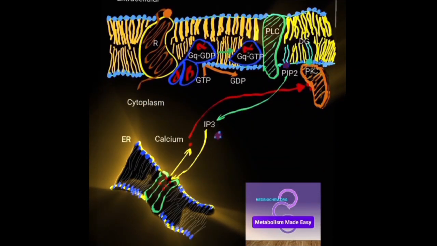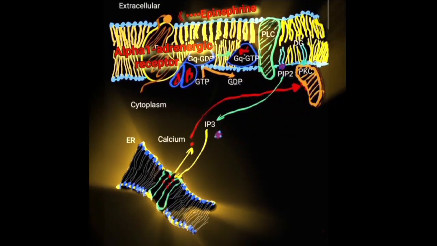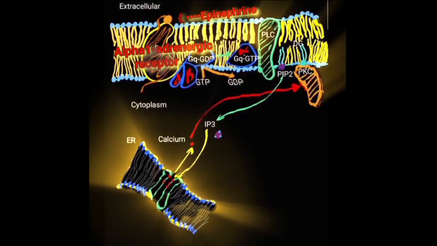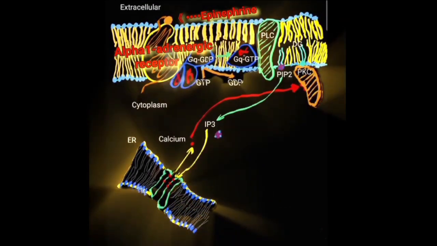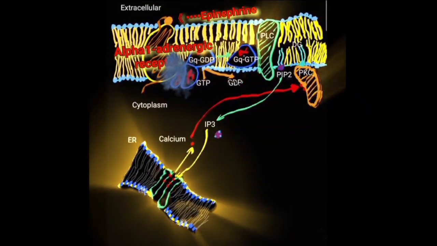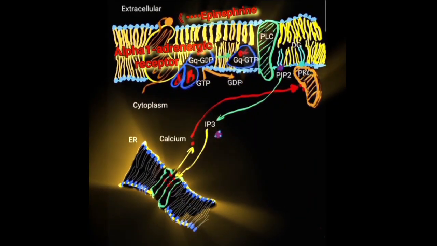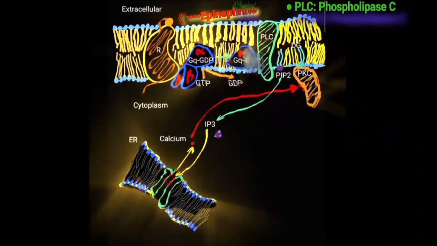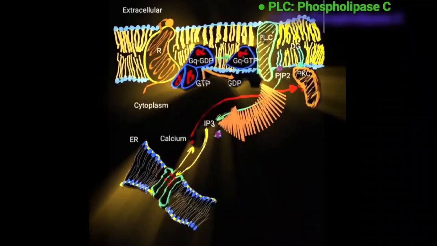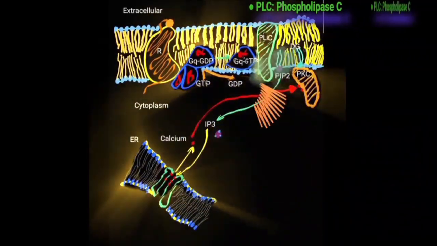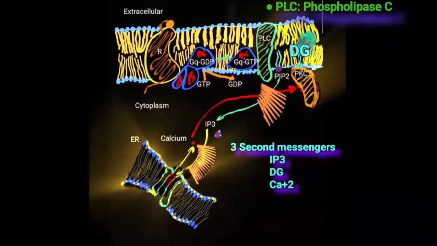Activation of the alpha-1 adrenergic receptor by epinephrine results in the activation of the trimeric G protein designated GQ. GQ dissociates to produce GQ alpha bound to GTP, which then can activate phospholipase C. Phospholipase C will hydrolyze PIP2 in the membrane to produce diacylglycerol DG in the membrane and IP3 in the cytoplasm.